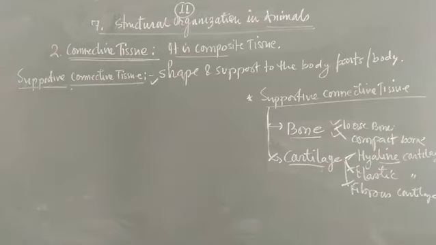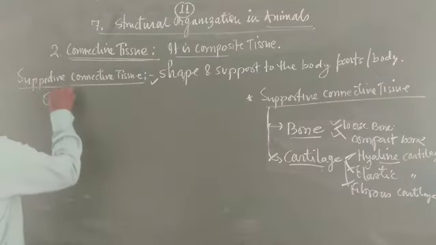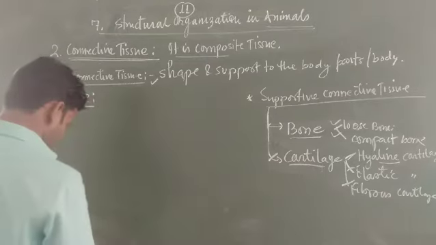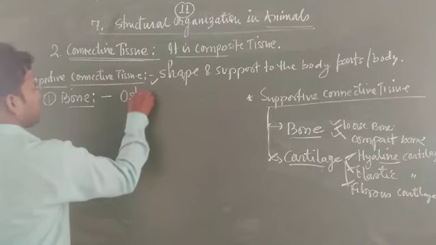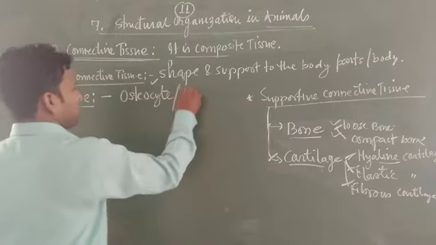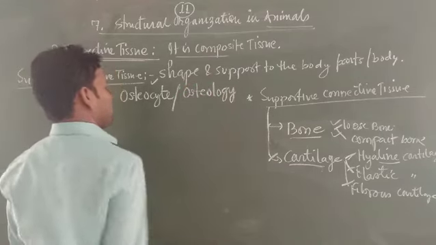The supportive connective tissues are classified into bone and cartilage. First is bone. Bone is generally made up of cells called osteocytes. The study of bone, under the branch of biology, is called osteology.